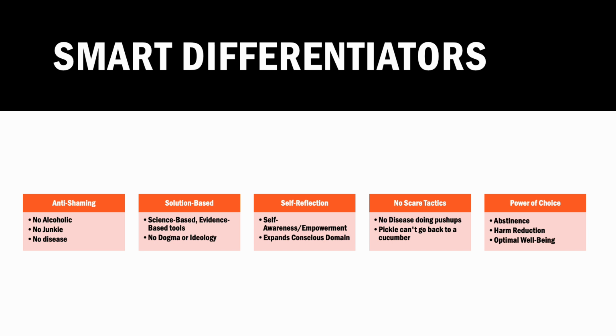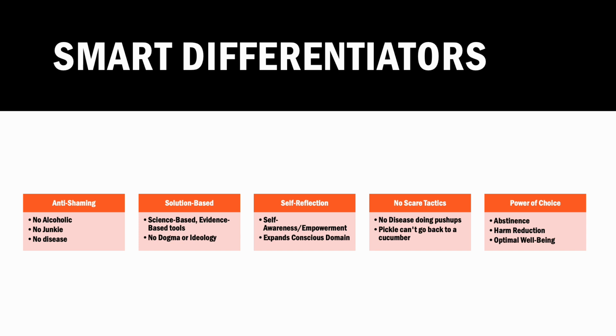Some additional key differentiators. One, anti-shaming. SMART discourages shaming language such as alcoholics, drug addicts, or junkies. Two, as stated previously, SMART uses science-based and evidence-based approaches to addiction.